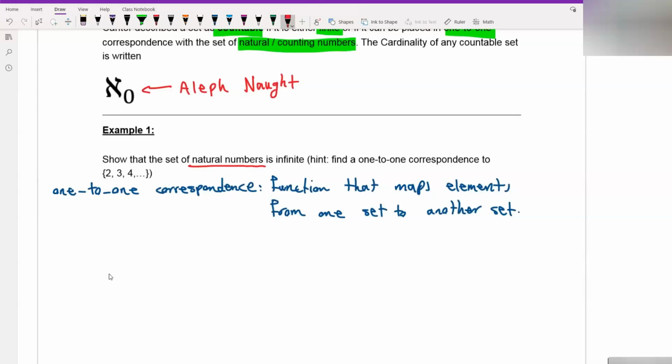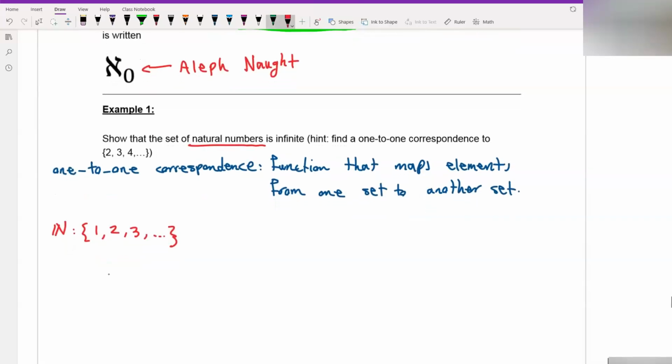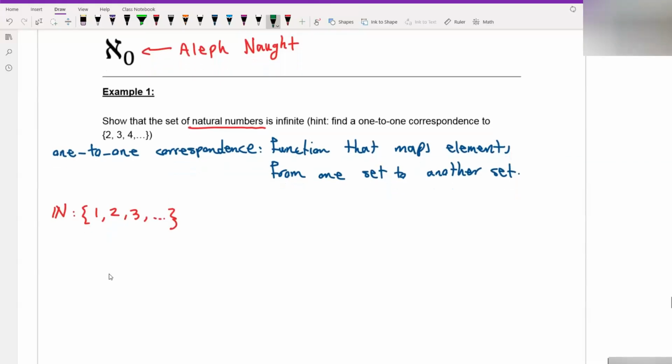So here it's asking to show that the set of natural numbers is infinite. Starting with the natural numbers, we have to start from 1. Now we want to see how we can map 1 to 2, because using the hint, we have to use this set.